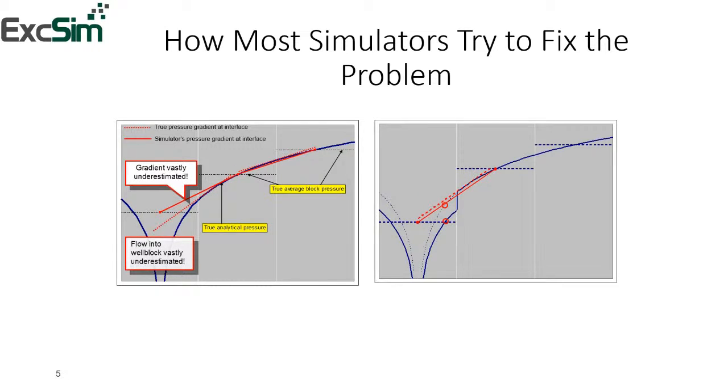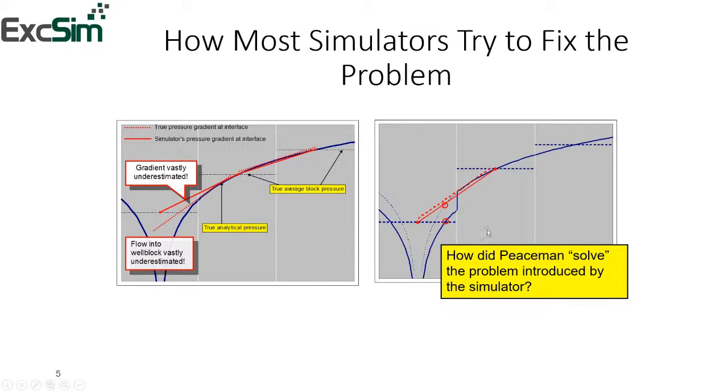And so when you use the center point of the grid blocks to estimate the pressure gradient and hence the flux between the grid blocks, you do introduce an error. And the only way to correct that is to lower the pressure.